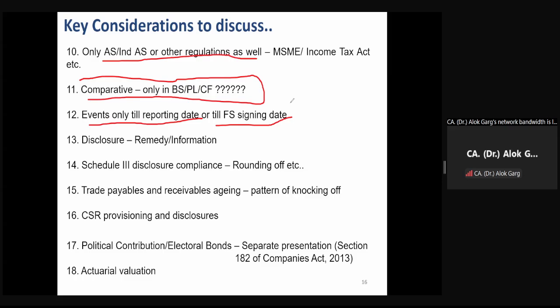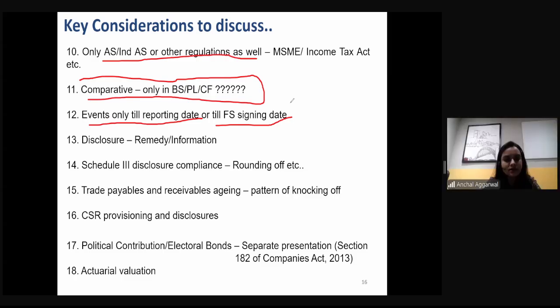So whether the provision which the company created, estimating that it will not receive the money, still holds, or it should be considered as an adjusting event. It should be considered as an adjusting event.